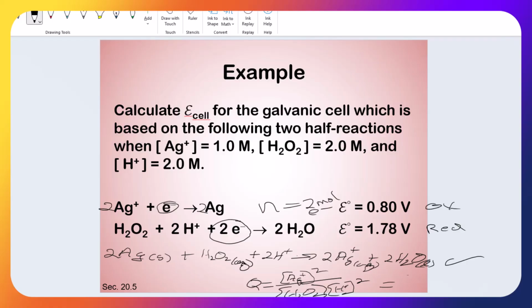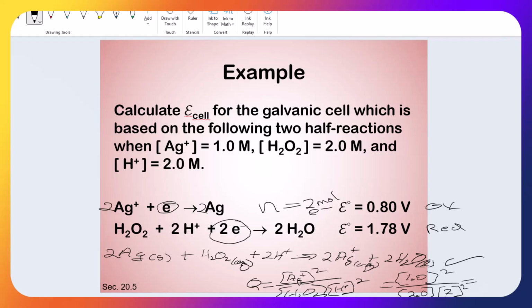So our silver concentration is 1 molar. It's squared, but that's not going to change anything. Our hydrogen peroxide concentration is 2 molar, but its coefficient is 1. And then finally, our hydrogen ion concentration is 2, and we need to square it.